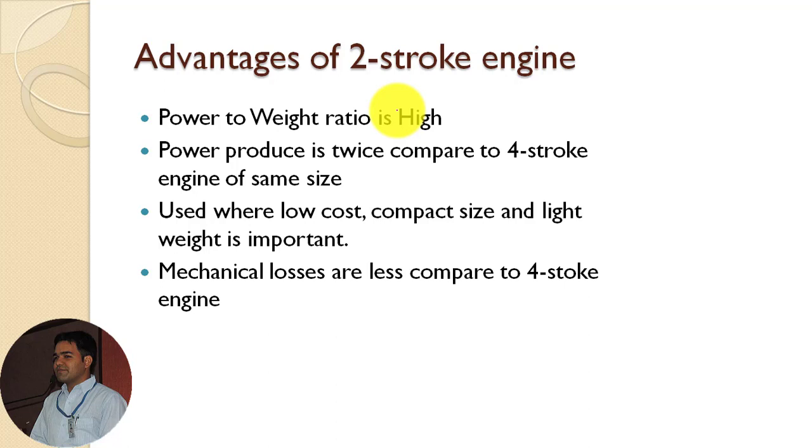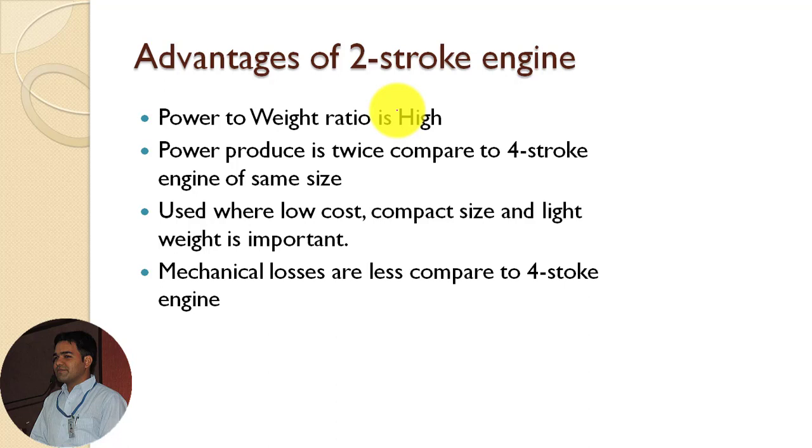As I said, there is no requirement of the actuating mechanism for valves, and in case of a two-stroke engine, one power stroke is generated at every revolution of the crankshaft, so a smaller size of flywheel is required. These two parameters reduce the overall weight of the engine, and this way you can say that power to weight ratio is high in case of two-stroke engine.